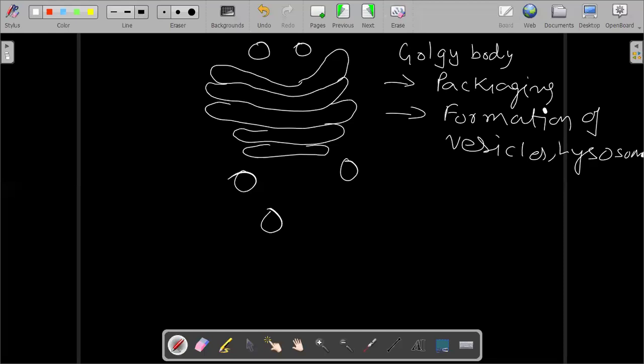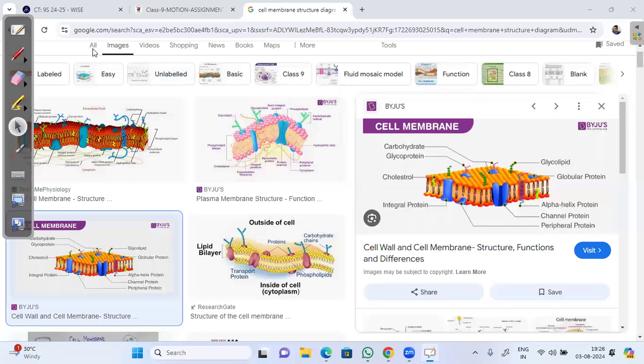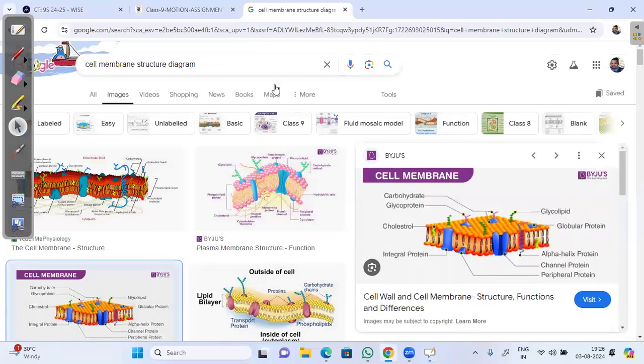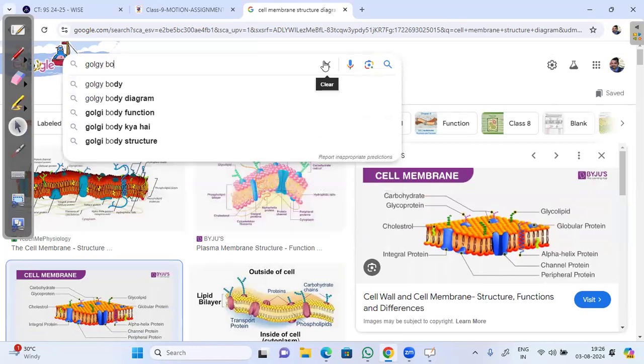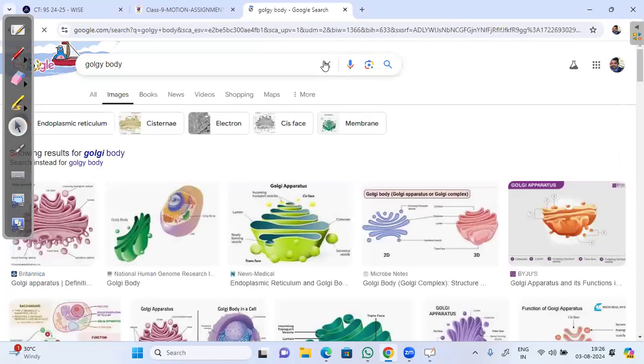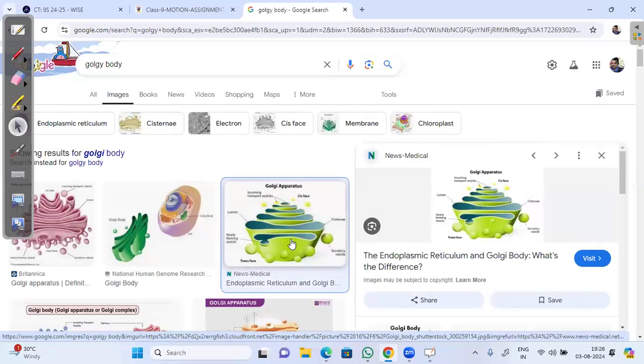So let us see a three-dimensional figure of the Golgi body and try to understand its different components. This is the diagram that we drew for the Golgi body in two dimensions. Here we observe a three-dimensional figure.